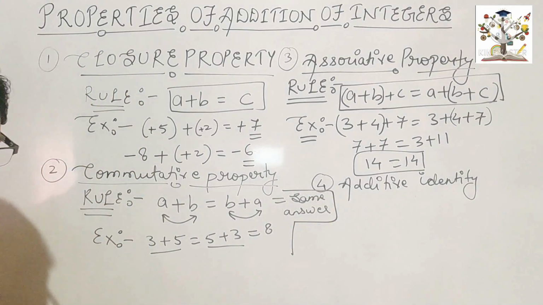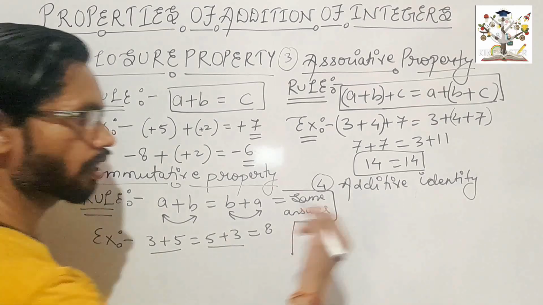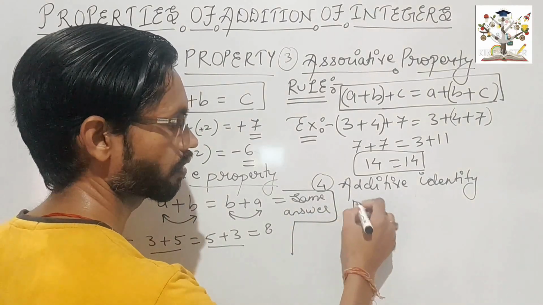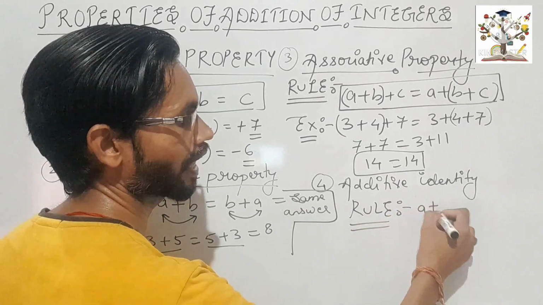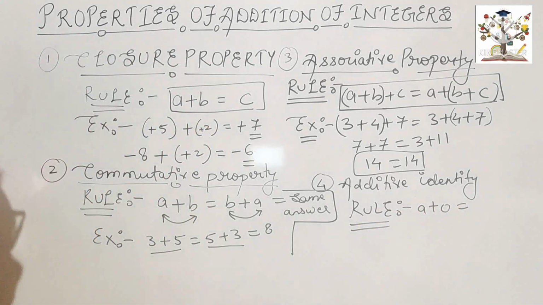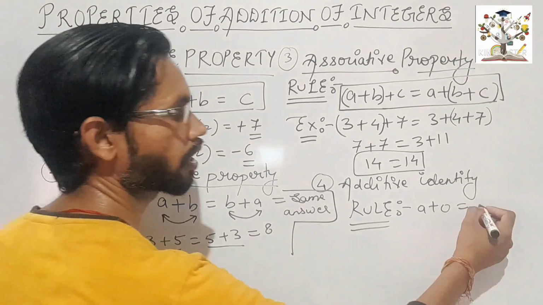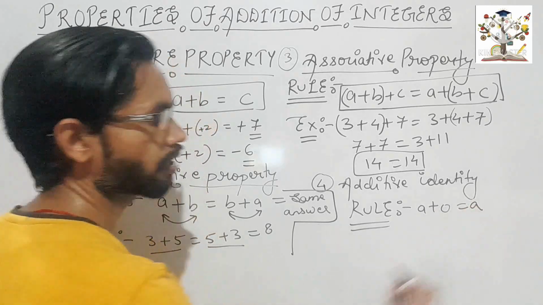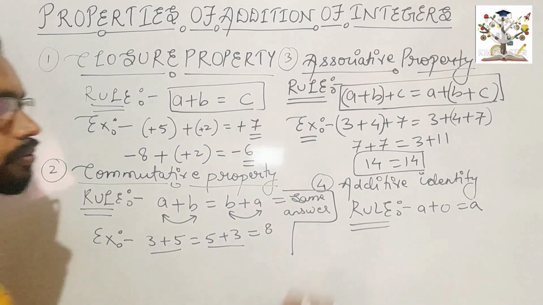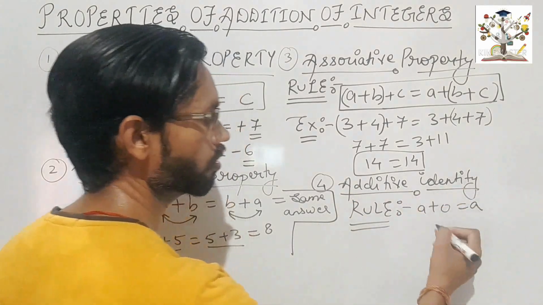The rule is, if any integer is added with 0, the answer will always be the integer itself. That means 0 does not change anything because it does not have any value.